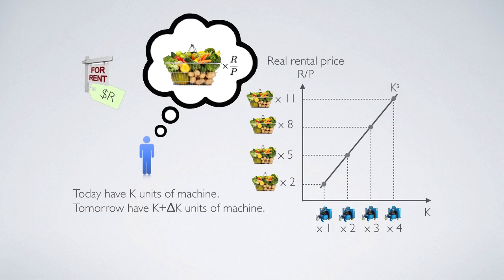So that extra machine the household buys will not be able to be supplied to the market today. It will only add to the current capital stock and be supplied only for tomorrow.